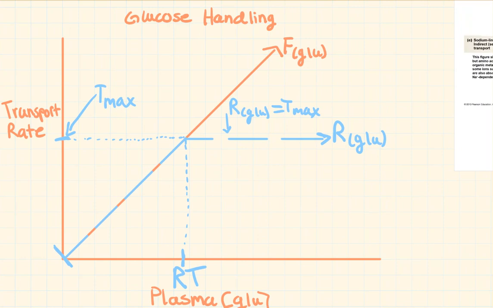And one more part to this graph. Starting at the renal threshold, we see another line. This line represents the excretion rate of glucose.